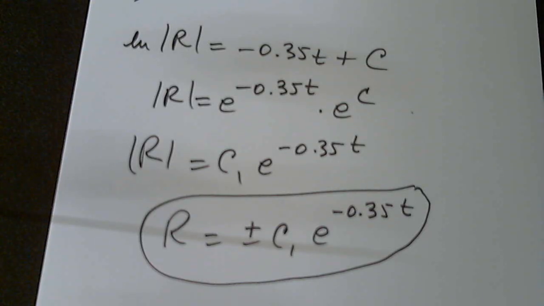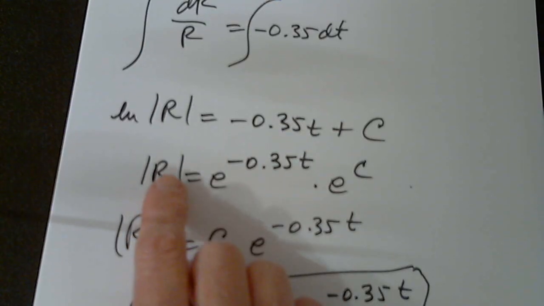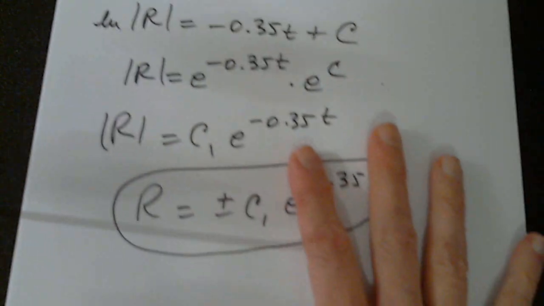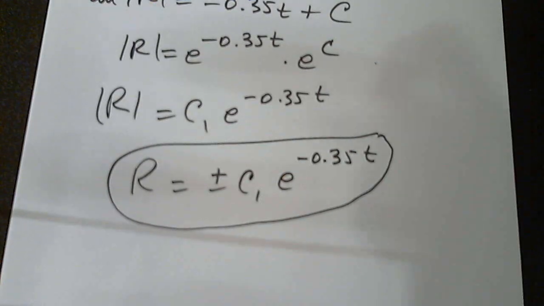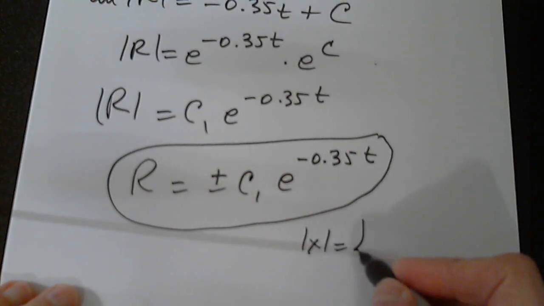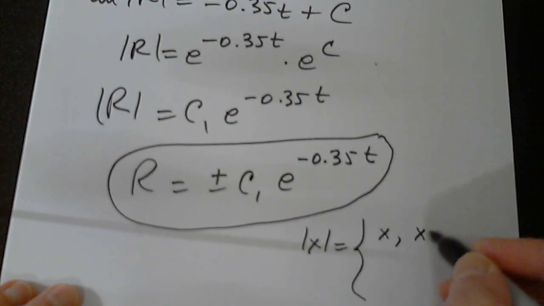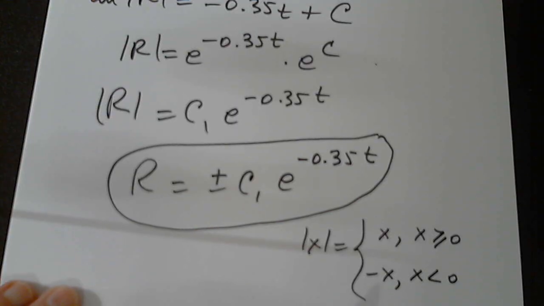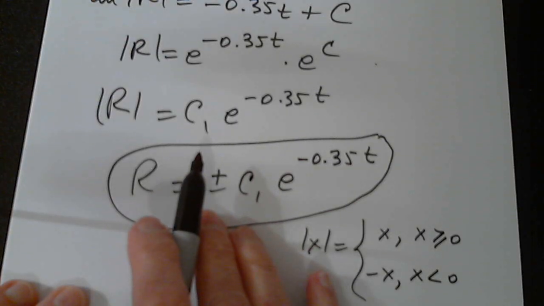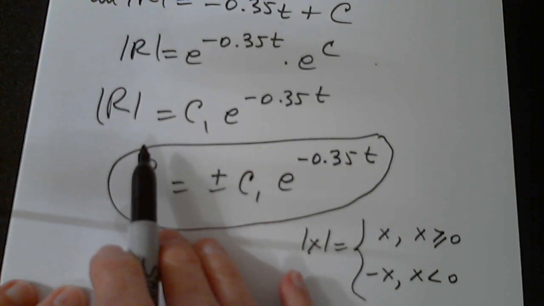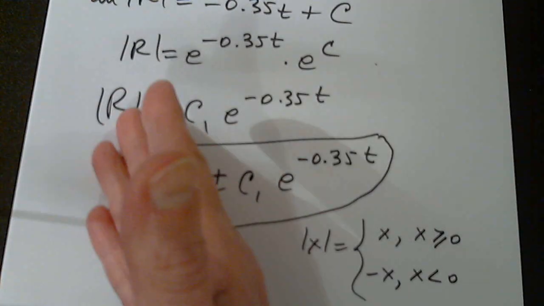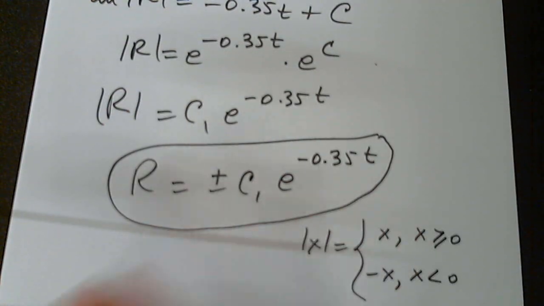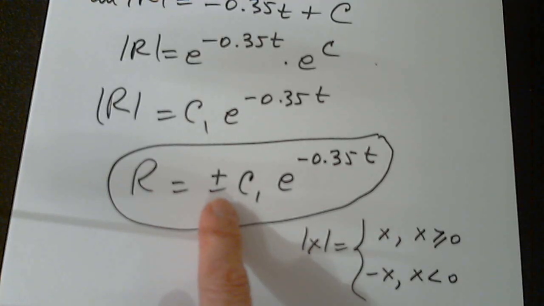Ms. Lee, yes, please. Can you go over one more time why you put the plus or minus? Because of the absolute value. Very good question. Okay, let me refresh your memory. So the absolute value of x is either x when x is greater than or equal to 0, or is negative x when x is less than 0. We don't have any indication here. They're not telling us anything, unless they tell me that R means resistance of a light bulb, then I will not put plus or minus.